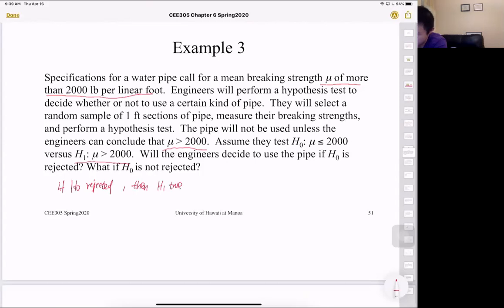H1 is true means the mean value is larger than 2,000, so the conclusion is good and we use the pipe. But if the p-value is larger than alpha, H0 is not rejected, and then we conclude H0 is plausible.